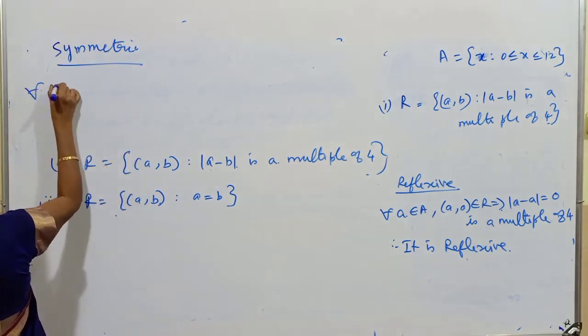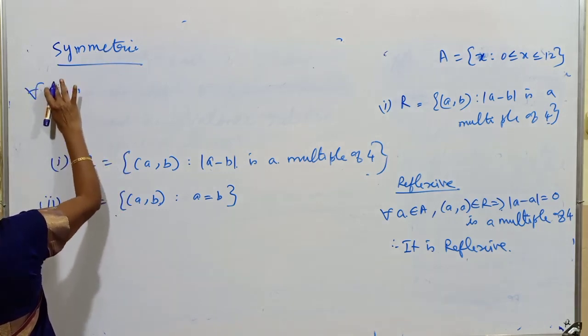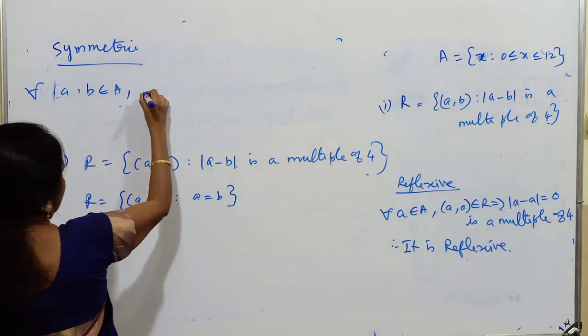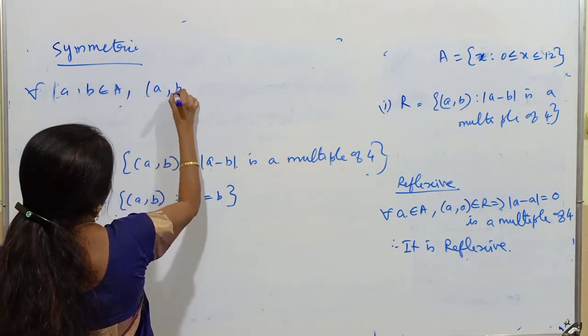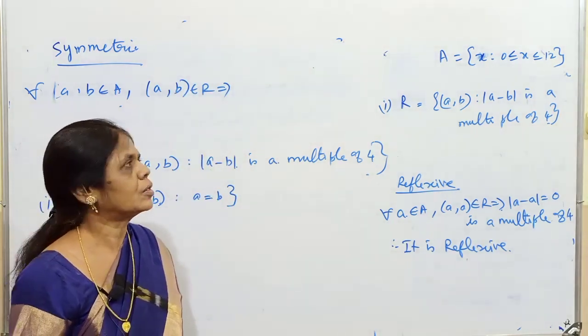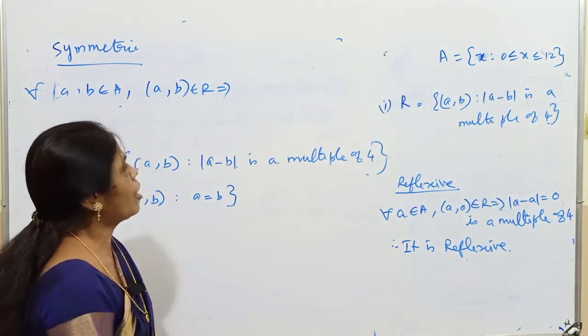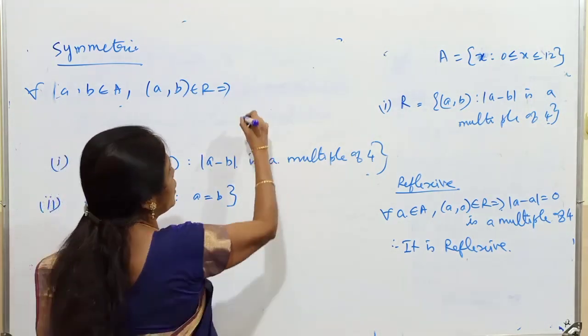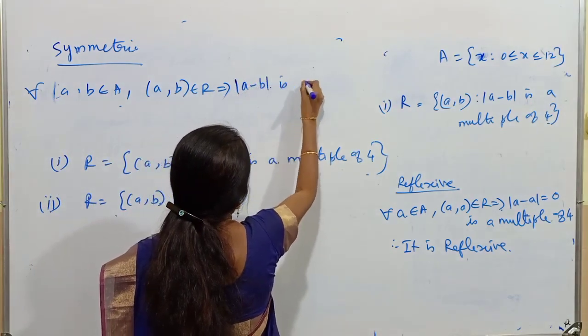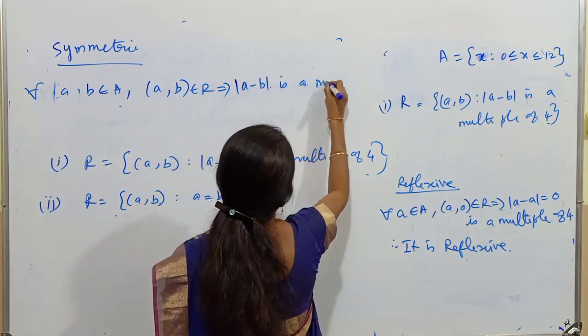For all A comma B belongs to the set A, A comma B belongs to R implies modulus of A minus B is a multiple of 4.